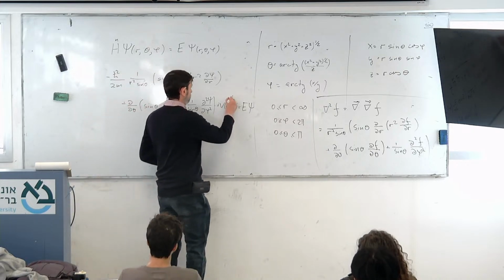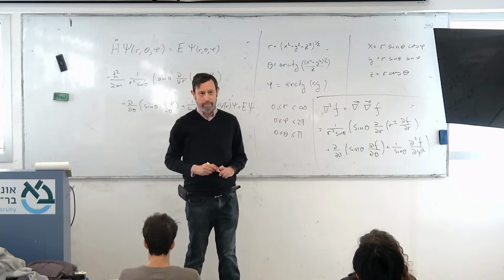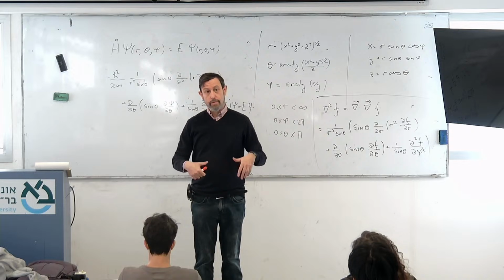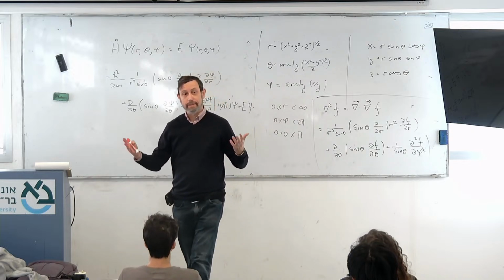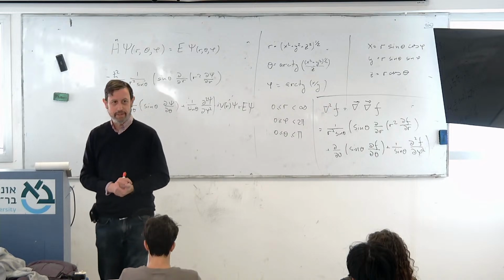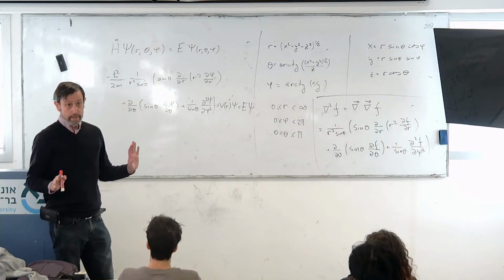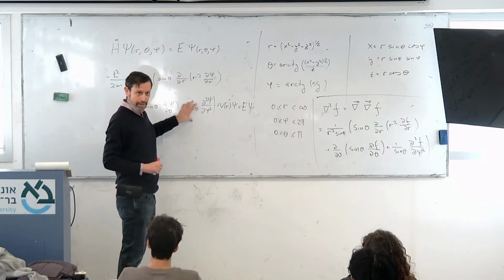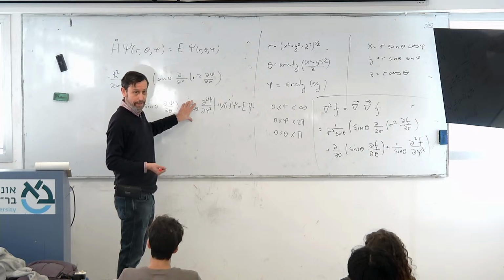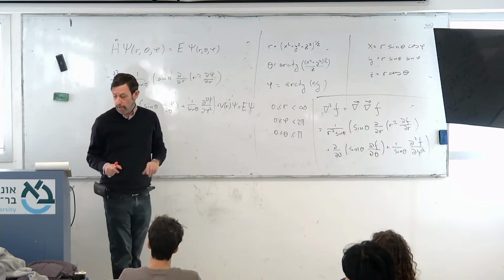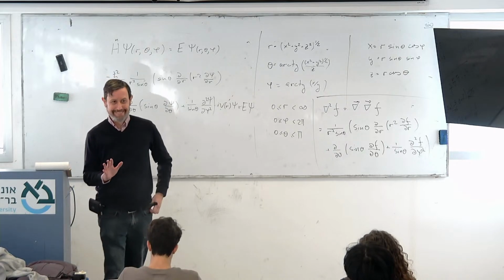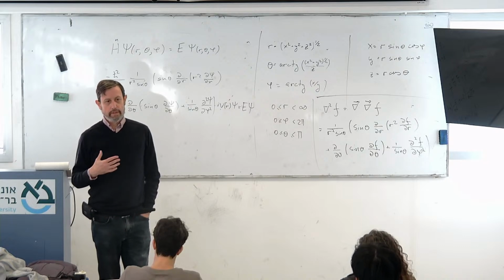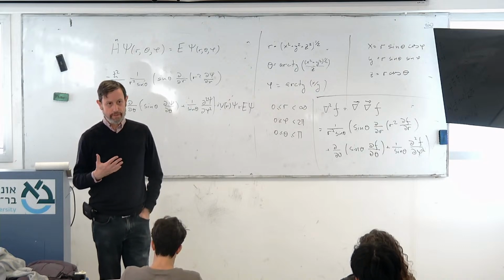Up to losing this term, we know the solution: e to the power i k r cosine theta divided by the normalization. And this includes all these scary terms, right? So it's scary but doable. And that's exactly what we're going to do during the next 2 lectures, more or less.